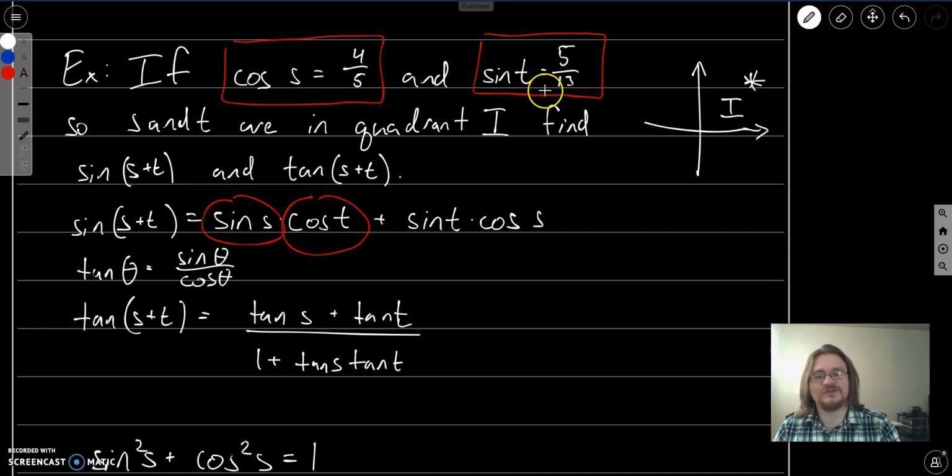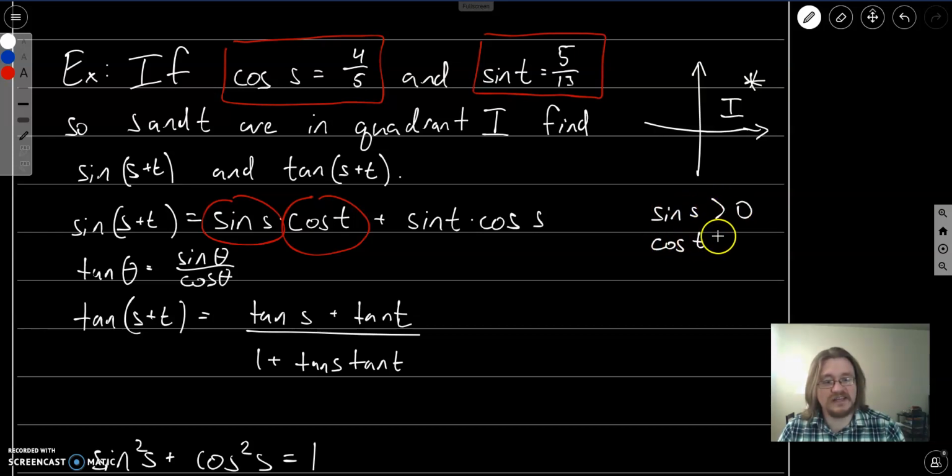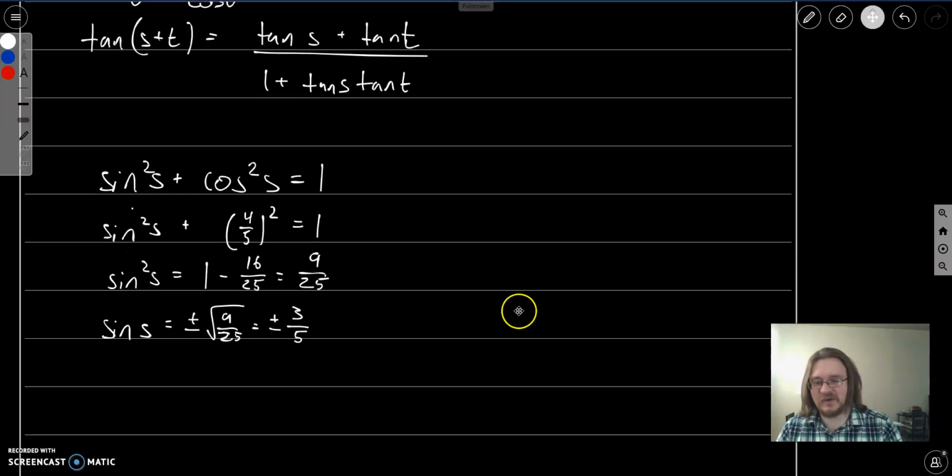So sine, cosine, tangent, everything is positive in quadrant 1. So sine of S is going to be positive, and we even know that the cosine of T is also going to be positive, because T is in quadrant 1 as well. Everything's positive in quadrant 1, and we don't have to worry about it. So the sine of S is going to be the positive root of this. It's going to be positive 3/5.